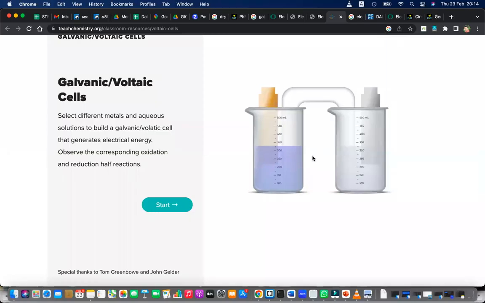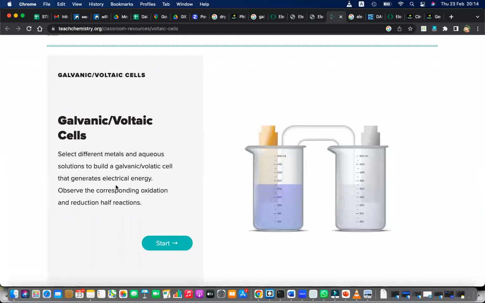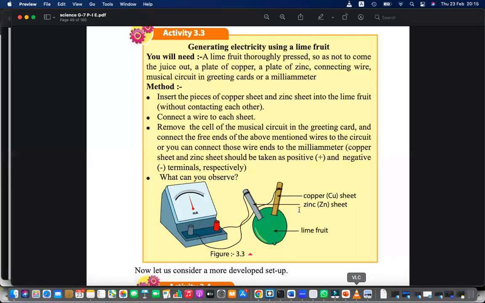Here you can select different metals and aqueous solutions to build a galvanic or voltaic cell that generates electrical energy. I don't want this kind of explanation in your grade, but this is for your experimental purpose.